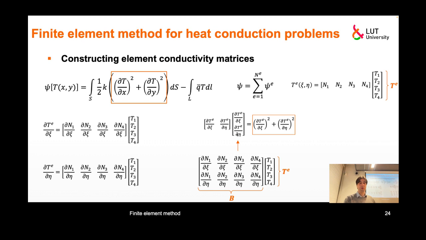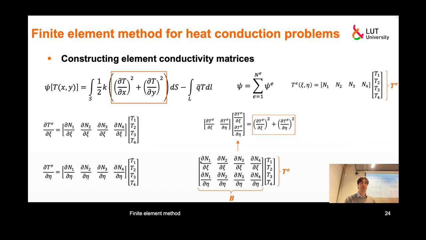So this column can be calculated as a product of this matrix of gradients B times nodal temperatures, T with this superscript E, which means that it's related to a certain element E. This row type matrix here is a transpose of this column type matrix.